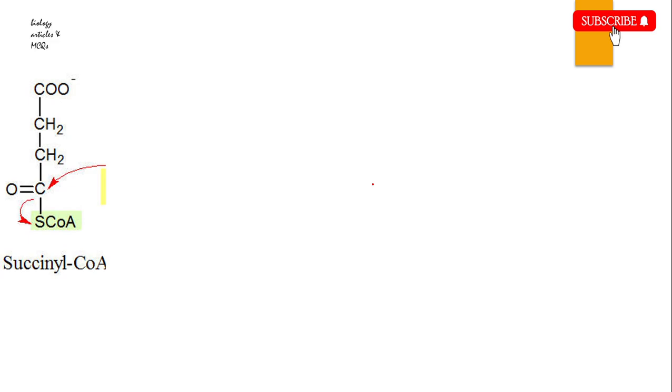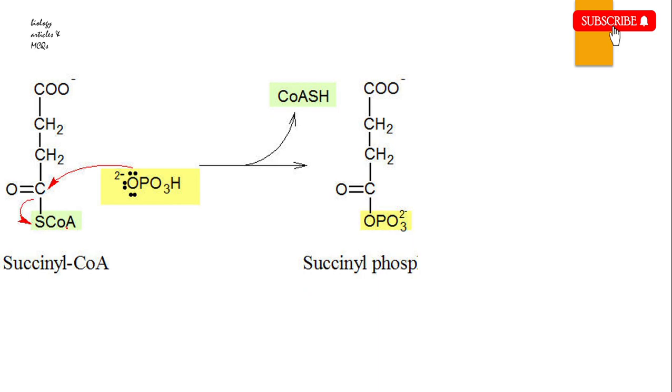In the next step, this succinyl CoA then adds one phosphate molecule to its carbon number 1, with the removal of the CoA molecule. This CoA molecule is removed, and now this phosphate molecule is entering, converting it into the compound called succinyl phosphate.